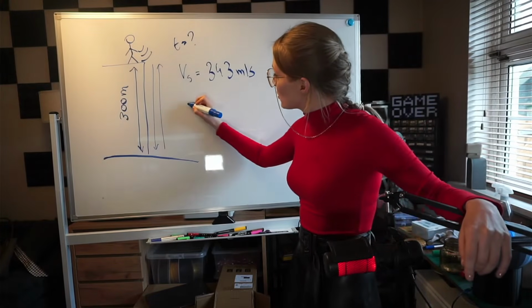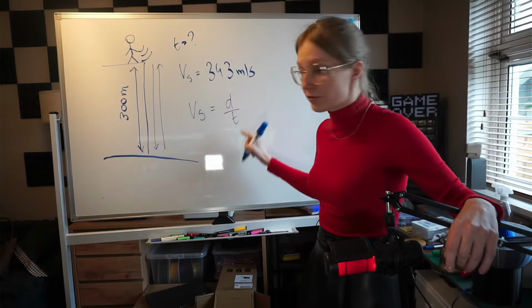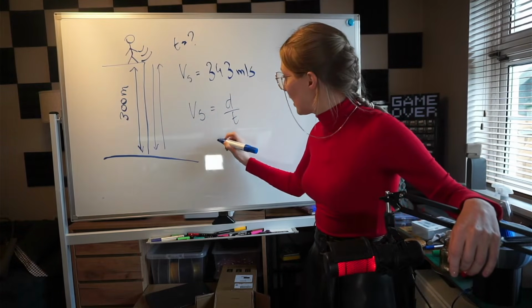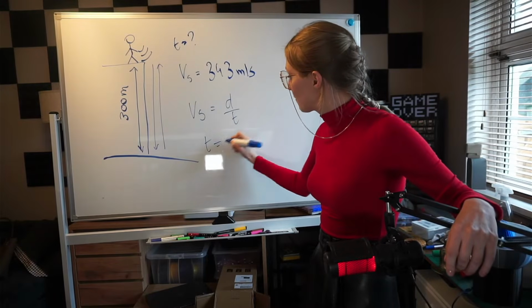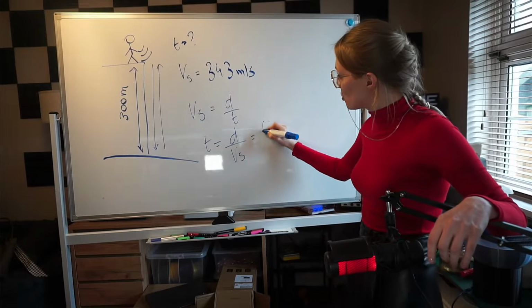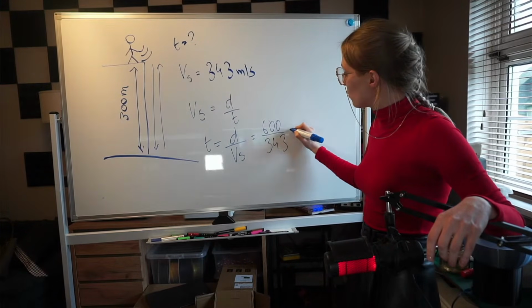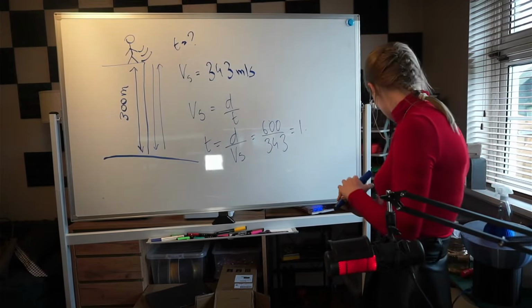So, speed of sound in air is equal to distance over time. We're looking for time. Let's rearrange our equation. Our distance is 600. Our speed of sound in air is 343. So it is just under 2 seconds.